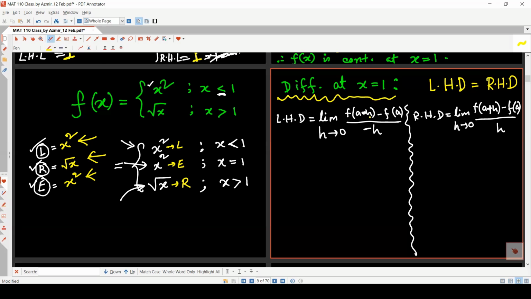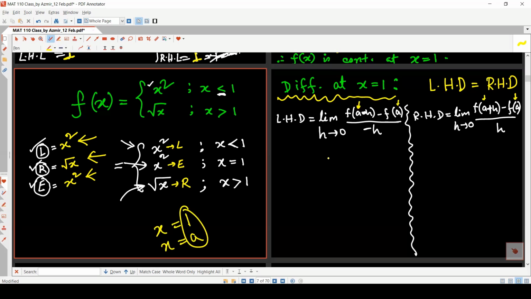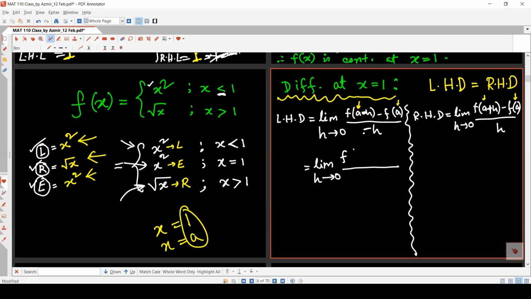But at first, figure out what is the value of a. If we compare x equals 1 with x equals a, the value of a is 1. Let me write the same thing again so that you can easily understand where we have to input the value of a.